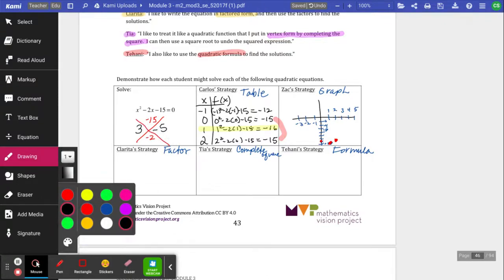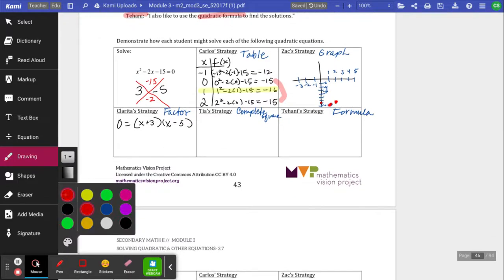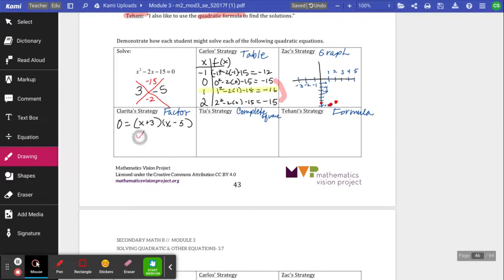So my factors are x plus 3, x minus 5, and by zero product property, we can go solve each piece.